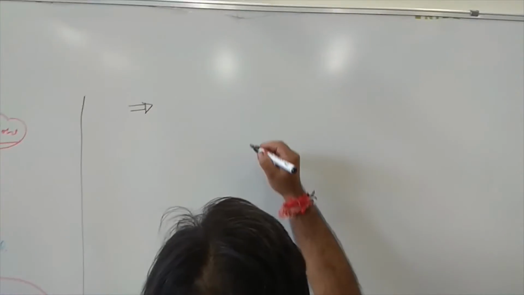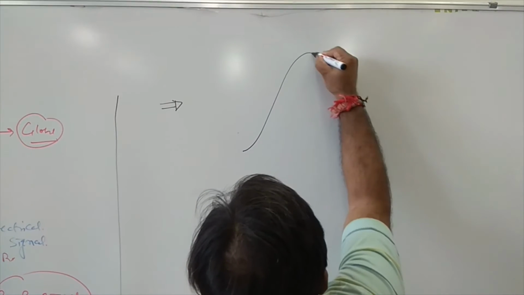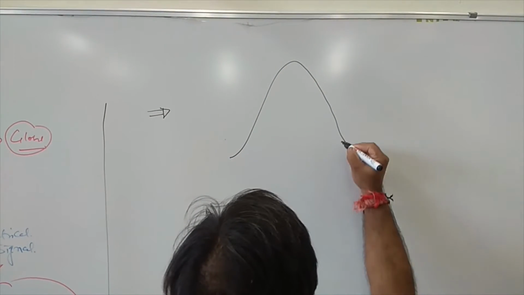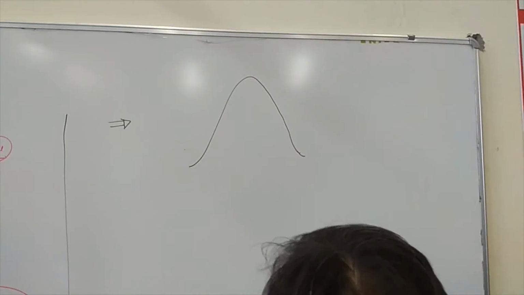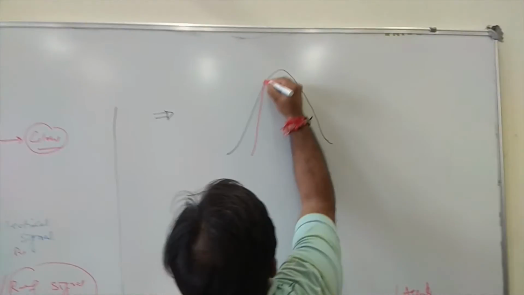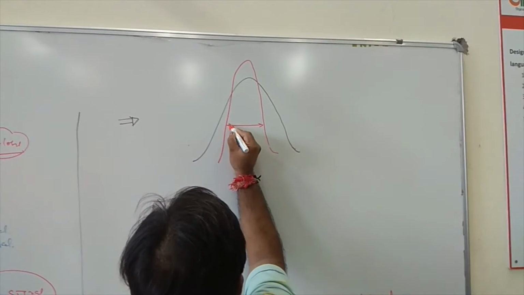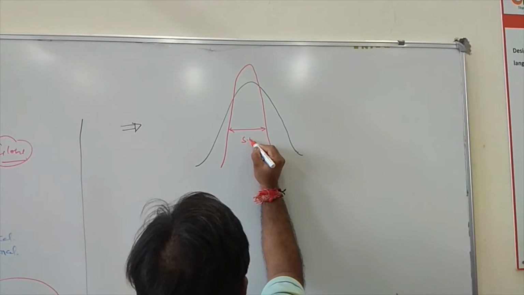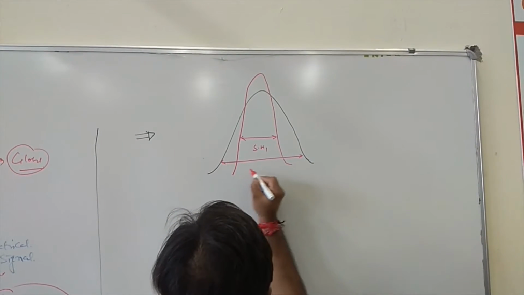Always remember that LED and laser can be explained through spectral width. See here, one spectral width is SW1 and this is SW2.